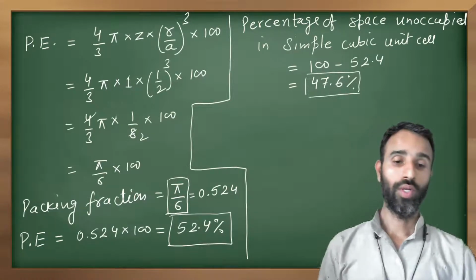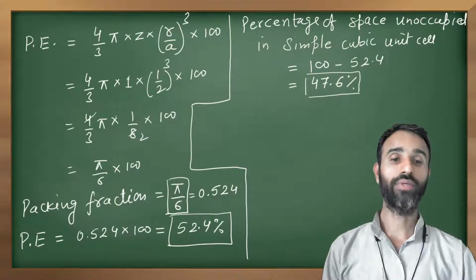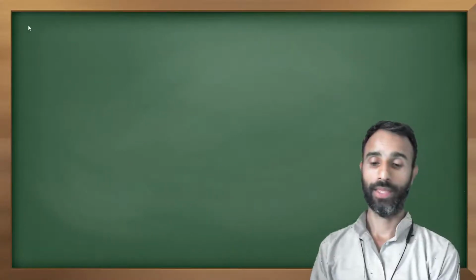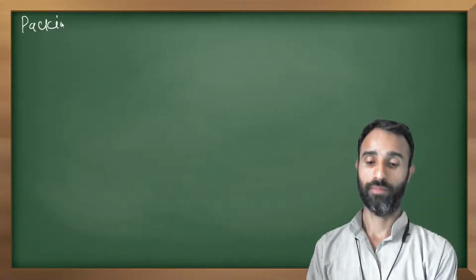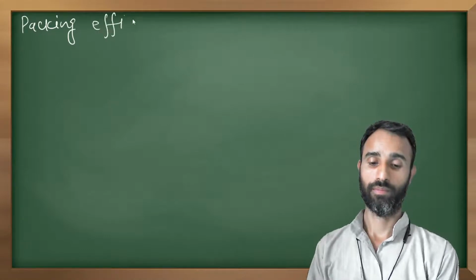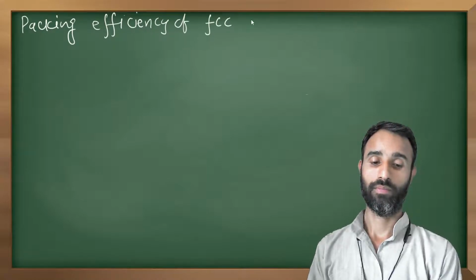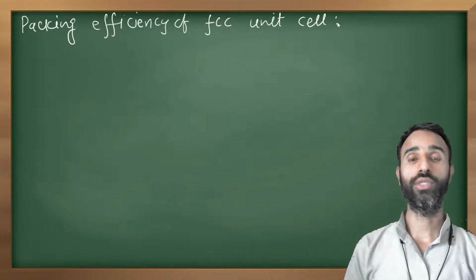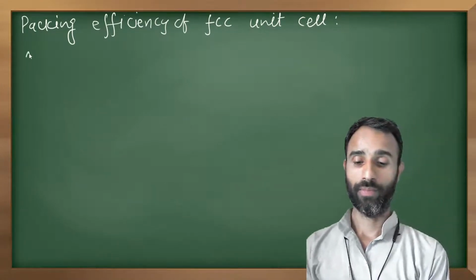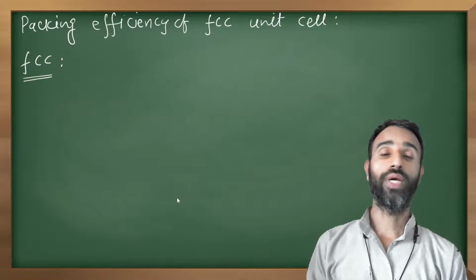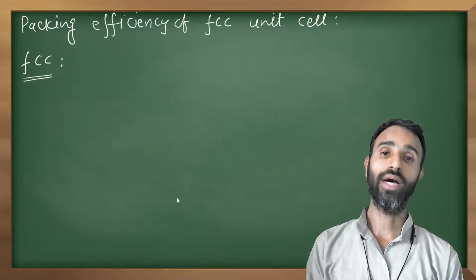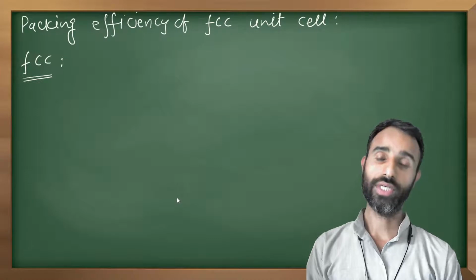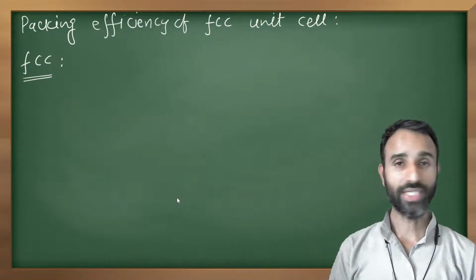Okay. So let's go to the next, that is packing efficiency of FCC unit cell. So in FCC, spheres are at the corners as well as face centers.